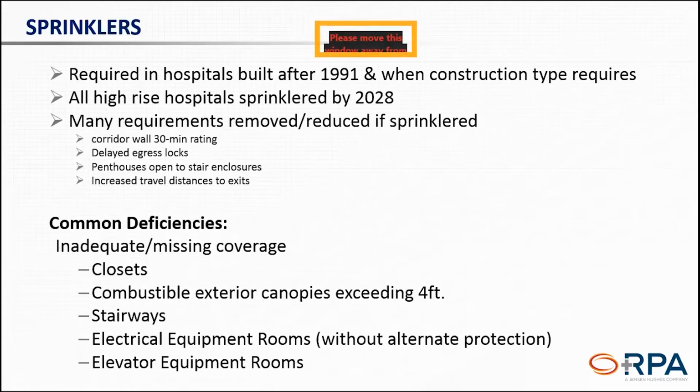So if your jurisdiction doesn't have a prohibition on sprinklers, then you're going to have to provide some sort of fire protection in that room. Sometimes it's a clean agent system if you don't want water being thrown on the equipment, but some sort of alternative measure if your jurisdiction does not specifically prohibit sprinklers in elevator equipment rooms.